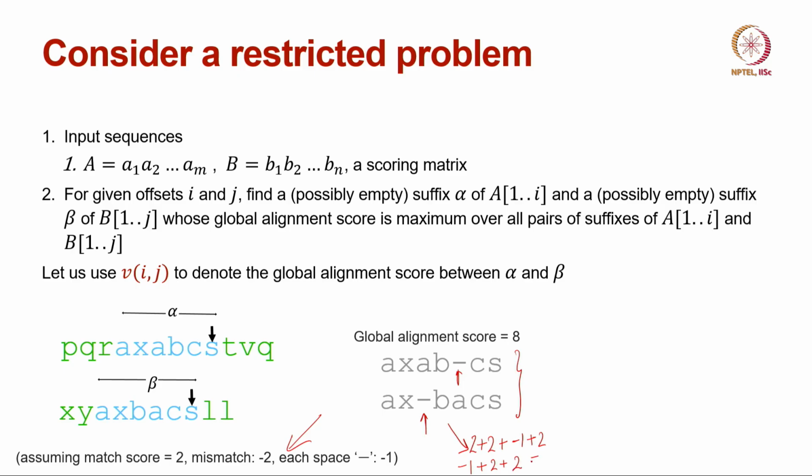So this adds up to 8, and what I am saying is that for this particular example the optimal choice for the suffixes alpha and beta is A X A B C S and A X B A C S. If you pick any other suffixes of these two strings, then you will achieve a score lower than 8. So therefore this choice is optimal for this value of i and j.